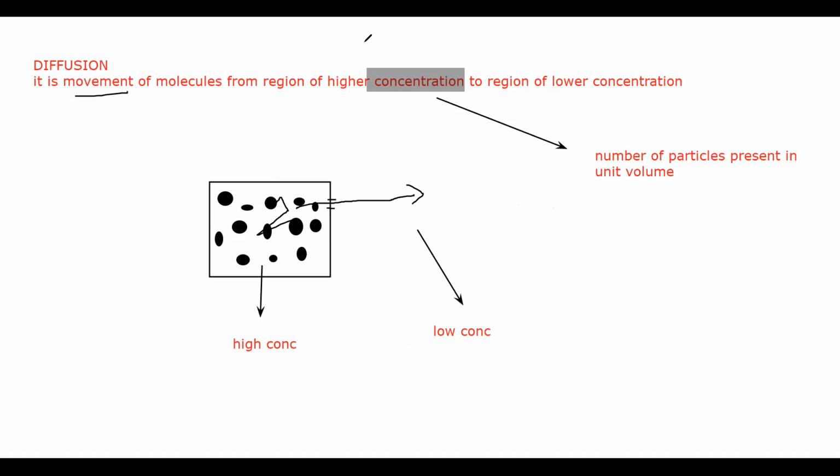And this diffusion depends on, number one, state. Whether it's solid, there's no diffusion in solid. In liquids and gases, diffusion can occur. It depends on the state of the substance.